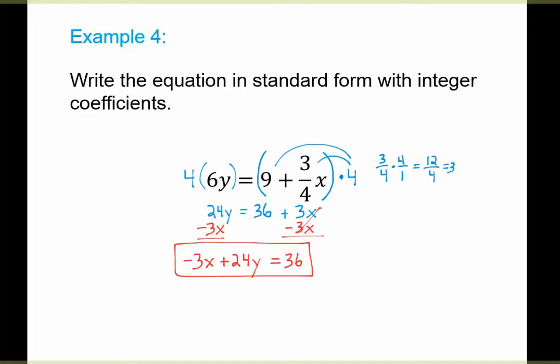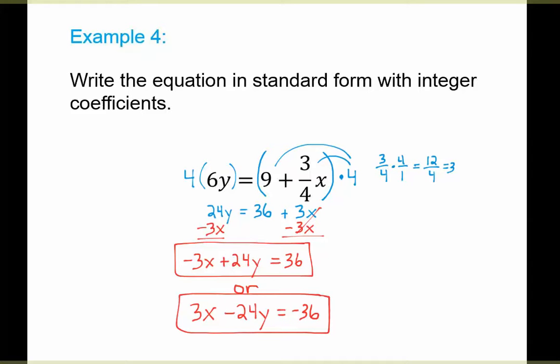And that would be my standard form. Some of you guys might have the other possibility. If you want a different way, you would end up with positive 3x minus 24y equals negative 36. And that answer will work as well.